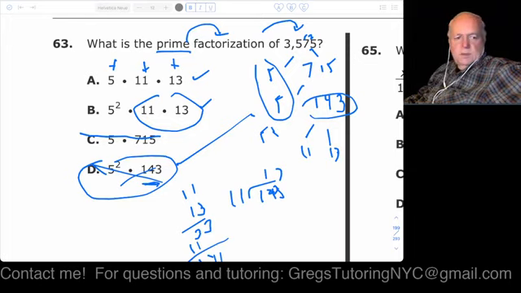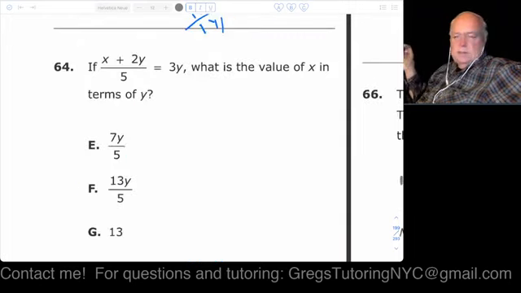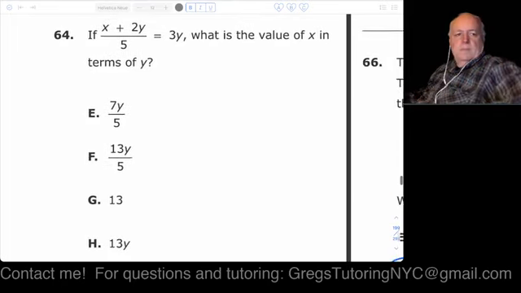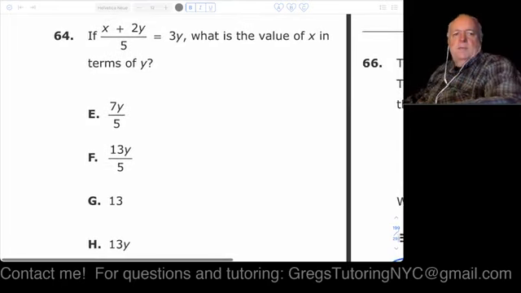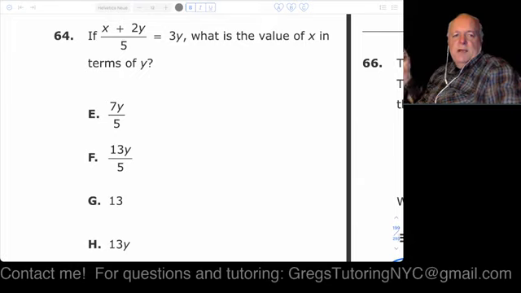The 64. Let's try that next. It says if x plus 2y divided by 5 equals 3y, what is the value of x in terms of y? So this is code for solve for x.